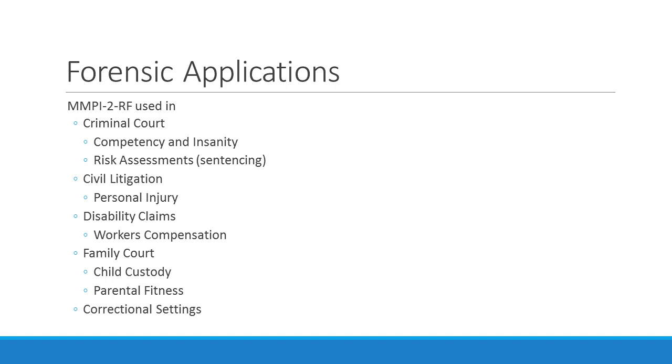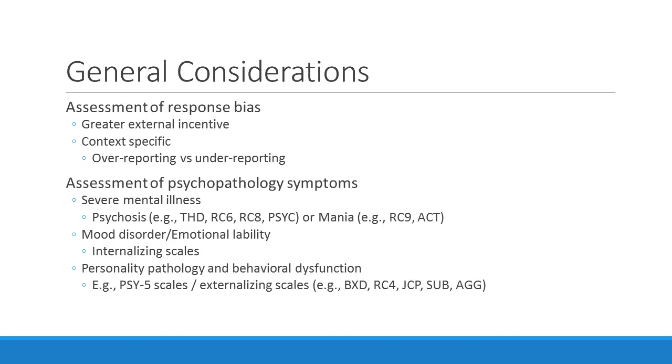We look at things like personal injury evaluations. Some people file disability claims, such as workers' compensation in North America, family court evaluations, especially child custody and parental fitness, but also correctional settings. So we're going to talk about these in some more detail.